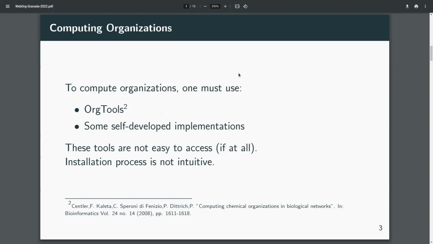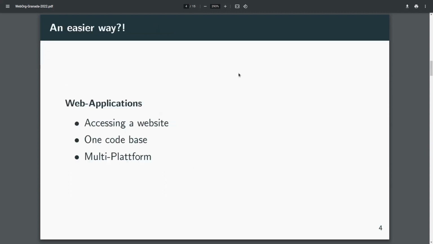And that brought the question of whether there's an easier way to do that. So I thought, from my experience with programming, what is easier than accessing a website? Virtually everyone can access a website today. So this would open the doors for creating web applications.